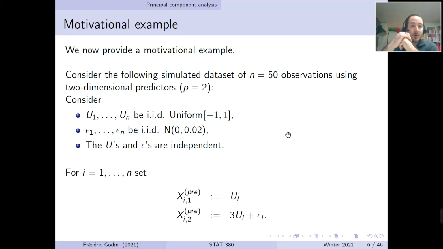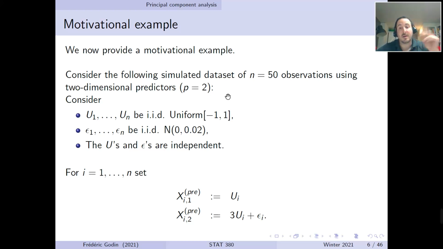In this chapter, we will derive the entire theory later on, but we will first start with a motivational example, which is more simple and should make clear what we're trying to accomplish with our principal component analysis method. To do that, let's consider a fictitious data set that I've simulated using R. The data set contains exactly n equal to 50 observations, and each observation has exactly two predictors, so two covariates.